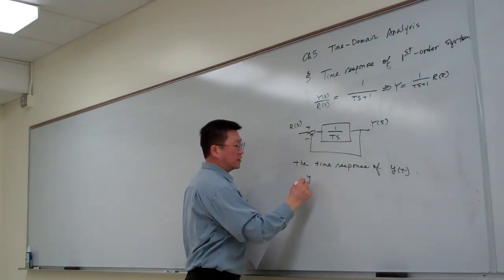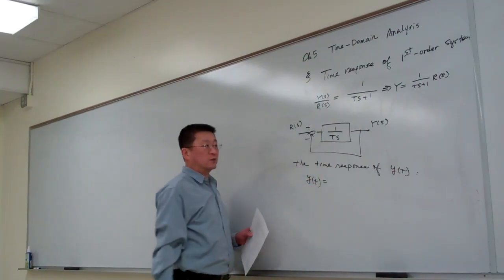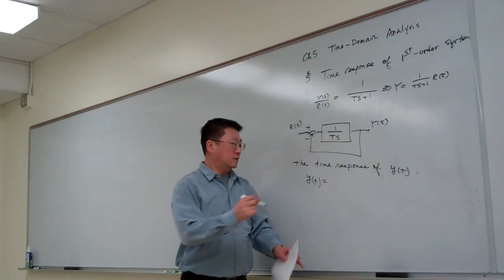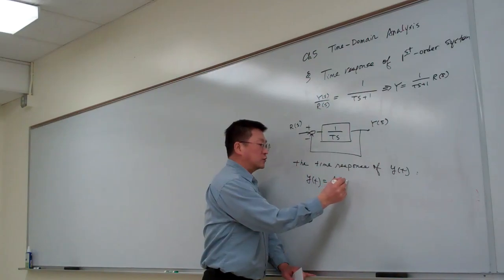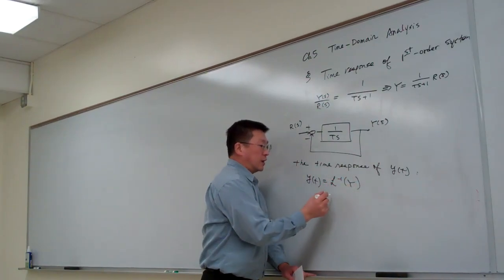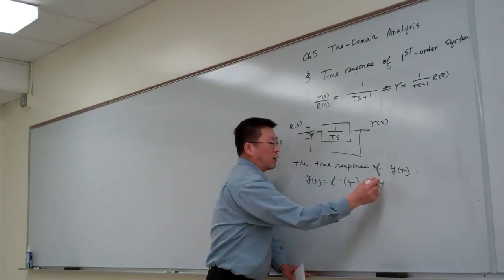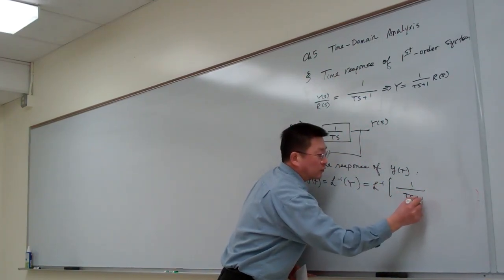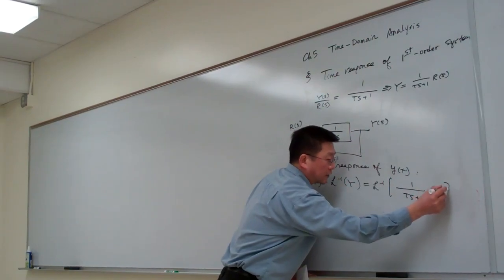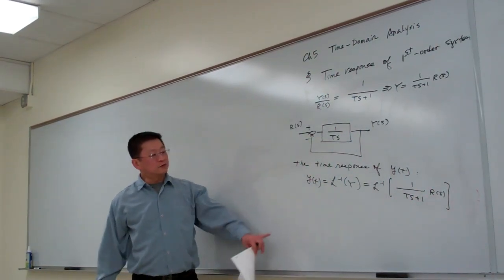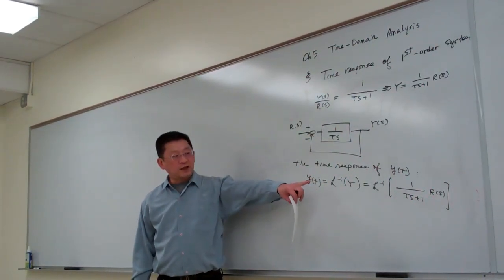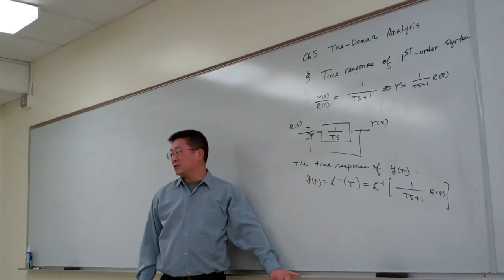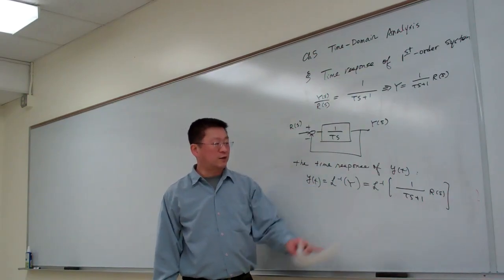So here Y(t) is simply the inverse Laplace transform of that one. So inverse Laplace transform of Y(s), and what is Y(s)? Y(s) equals 1 over (Ts plus 1) times R(s). So that is the response of the output, ignoring the initial conditions.